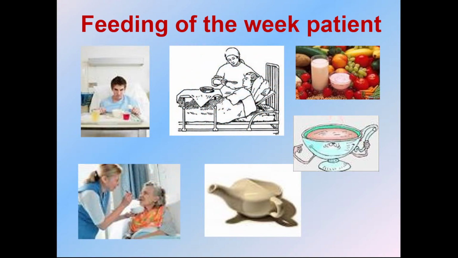If the patient is unable to eat independently, a nurse or nurse assistant helps the patient, and will give liquid or semi-liquid food with optimal temperature and optimal physiological properties. And obligatorily, we remember about a definite caloric order.